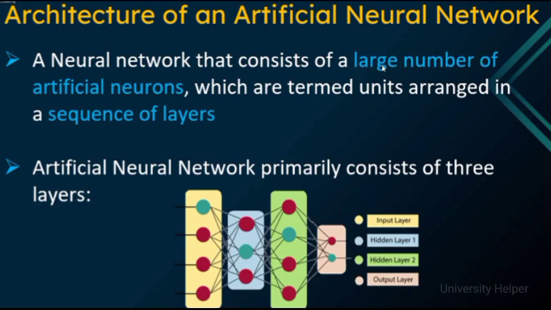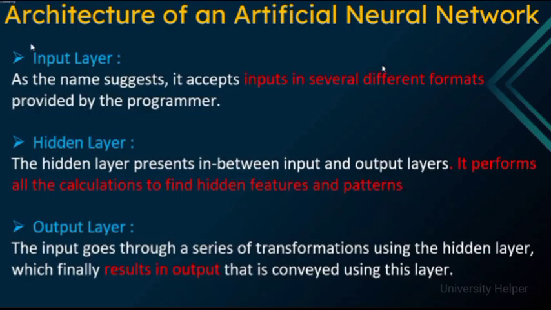As the name suggests, input means you are going to pass the input. Inputs come in several different formats provided by the programmer, which can be text, numerical values, decimal points, or continuous values. That's up to you, according to the data set. The hidden layer is present between the input layer and the output layer.